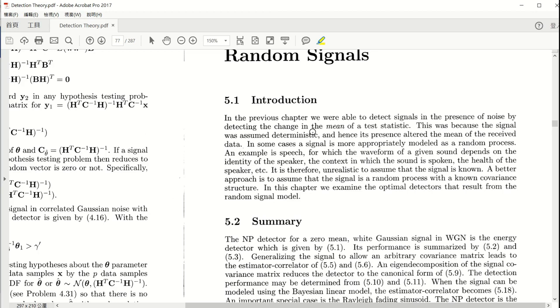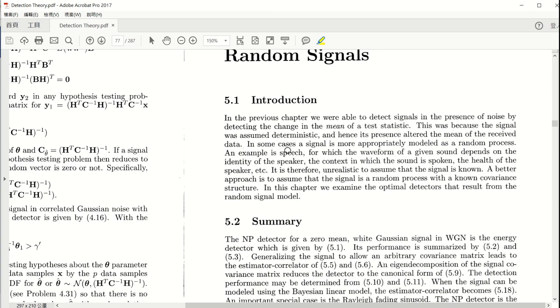So those are also part of the information. When the signal is present, it alters the mean of the received data. That's why a lot of problems relate to the sample mean of the observed data.